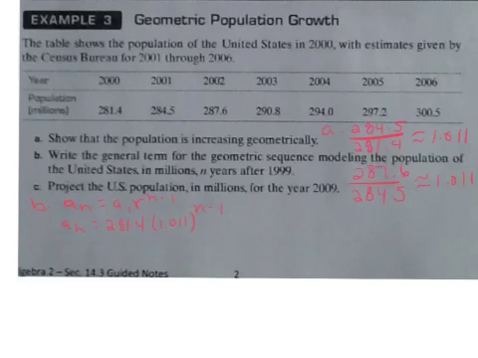Part C says project the U.S. population in millions for the year 2009. So for C, if we want to know what n is, what term we're talking about, we know this thing starts in 1999, and we want to project to 2009.